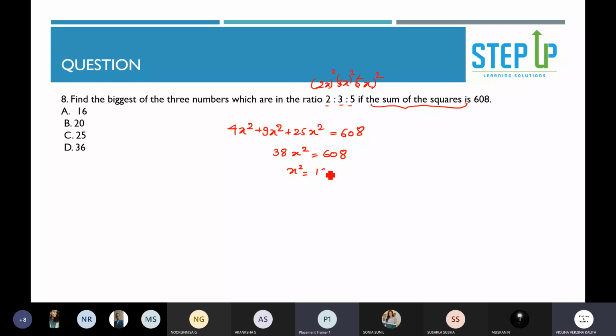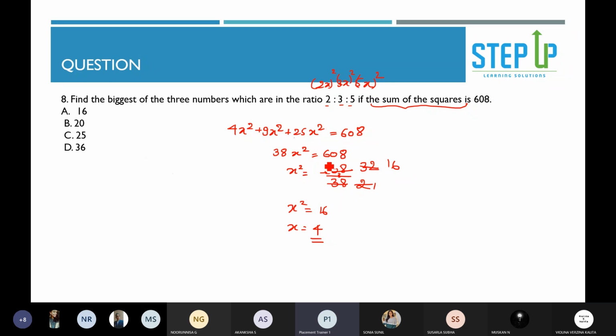So x square is equal to... how did you cancel this? 608 by 38, by what number did you cancel? 38 only, 16. All right. So 19 2s are 38, 19 3s are 57, and 3 is carried forward, 19 1s are 19, 38, 2, 1, 2, 16. So x square is equal to 16, x is equal to 4.